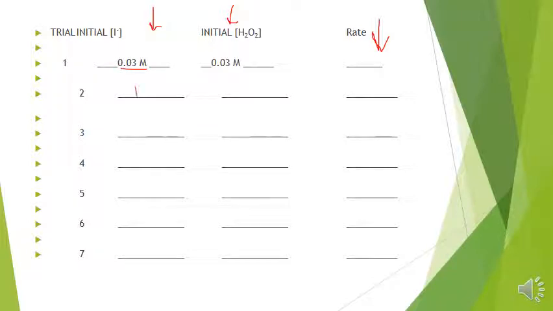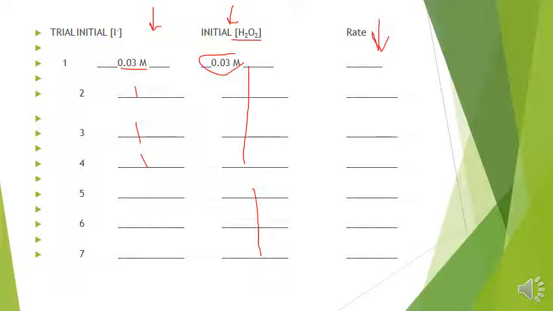You'll notice that in 1, 2, 3, and 4 you see changes in I but no changes in the H2O2. Then we're going to look at the change in H2O2 and keep the I constant, so we'll look at number 1 and then 4, 5, and 6 and see how their rate changes.